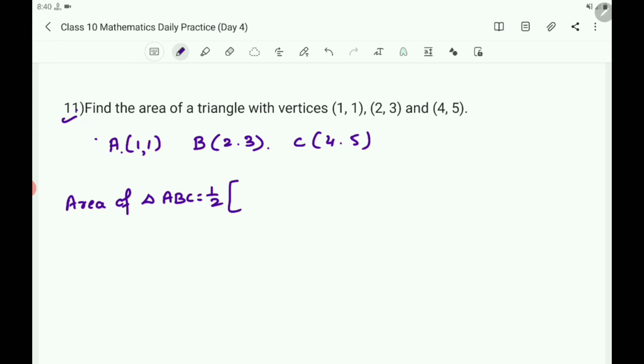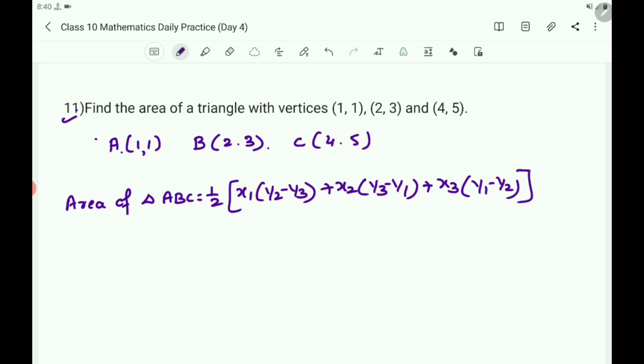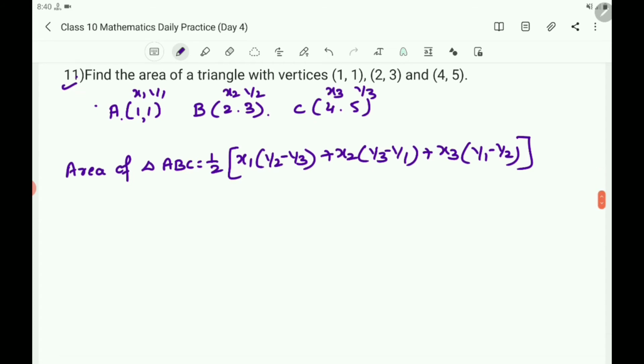1 by 2 into x1 into y2 minus y3 plus x2 into y3 minus y1 plus x3 into y1 minus y2. So what are x1 y1, x2 y2, x3 y3? So you take x1 y1, these two are x2 y2, these two are x3 y3. Now you substitute the values.